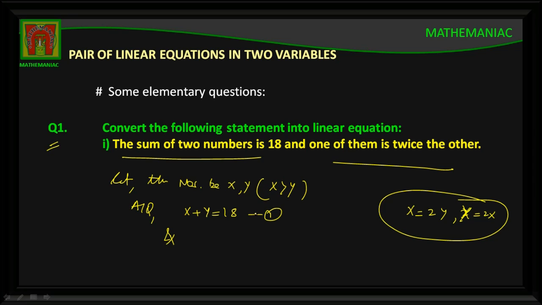So I fix that x is greater than y, and I can write x equal to twice y. This situation represents the given statement. I think you are clear. Move on to the next.